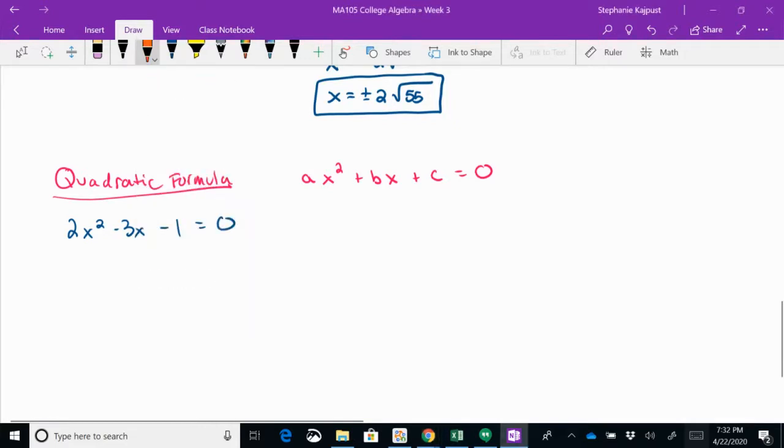And I always make sure to write those. So this 2 is going to be a, because that's the number in front of the squared term. And then you include the negative if there's one involved. So b is negative 3, and c is negative 1.